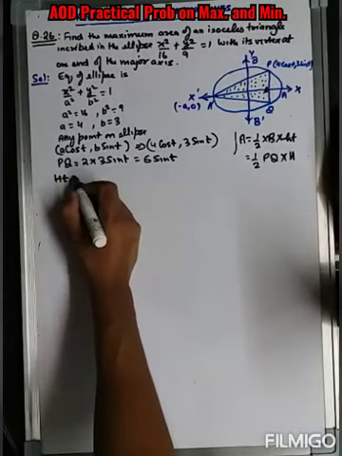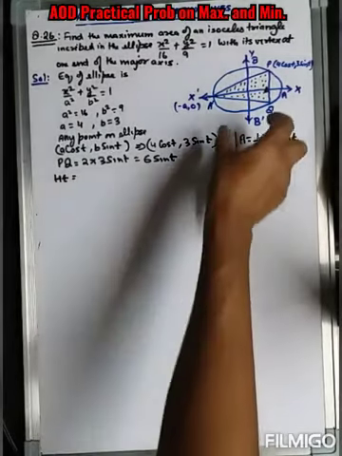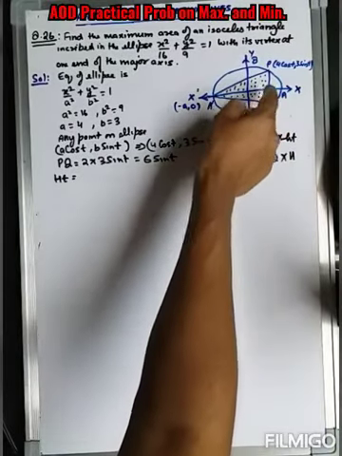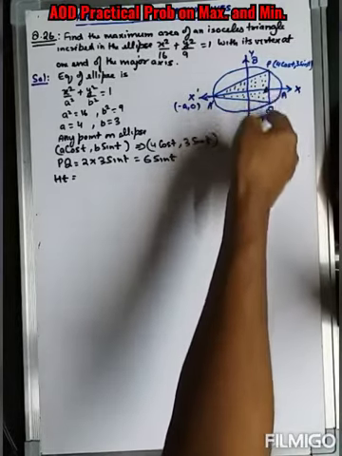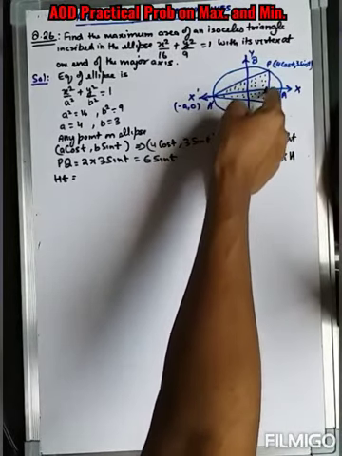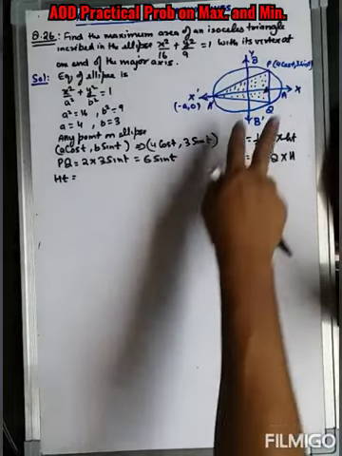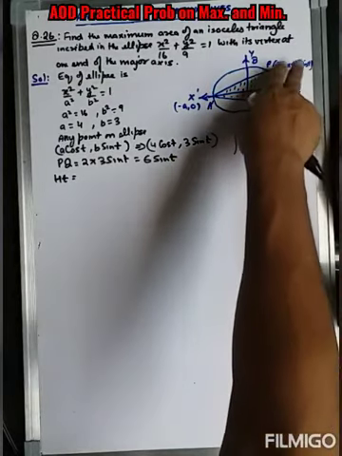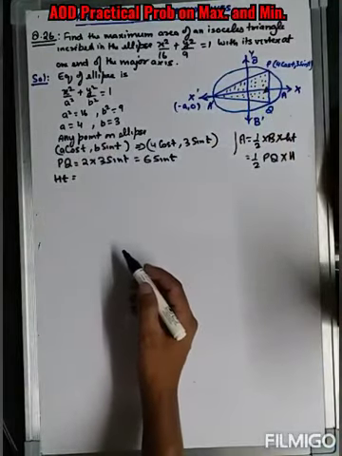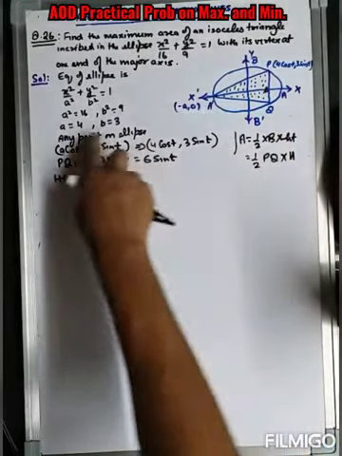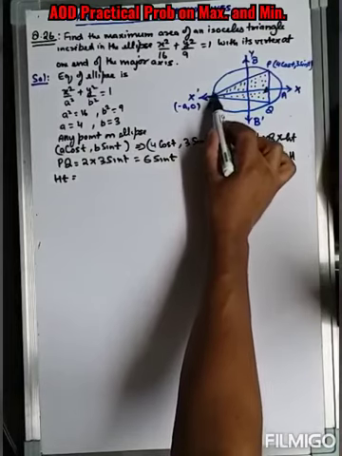Now how do we find the height? This height from this place to this place, so that we can apply the formula half base into height. The base we have found, now the height. We can see that this length, the x coordinate, is 4 cos t. So 4 cos t plus a, and a we have taken as 4, from this place to this place.